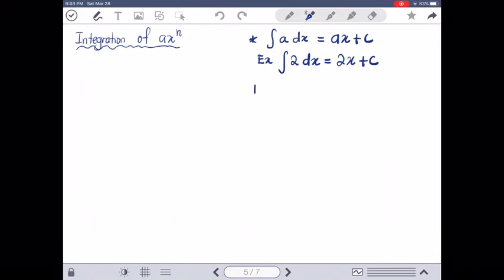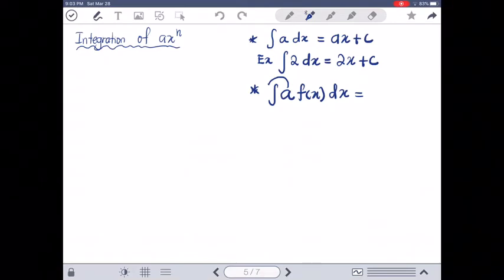Another important note is that if we have the integration of a constant multiplied with a certain function with respect to x, we can actually bring the constant out. This is just equal to a multiplied by the integration of the function f(x) with respect to x.